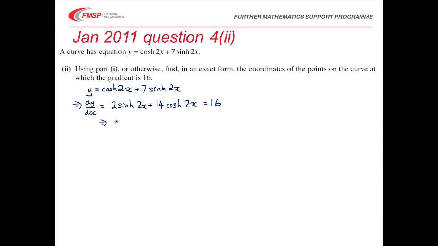So that means that sinh 2x plus 7 cosh 2x equals 8. And that's almost what we had to start with on the previous slide. We just had t instead of 2x.